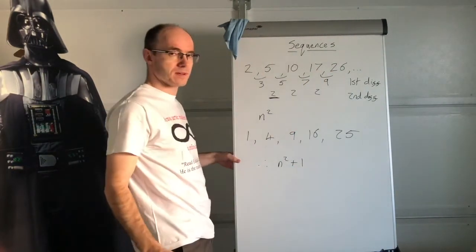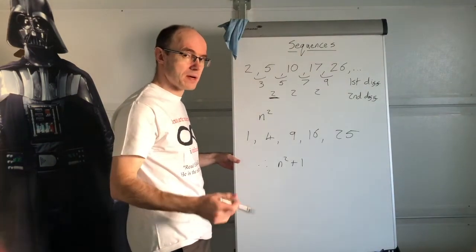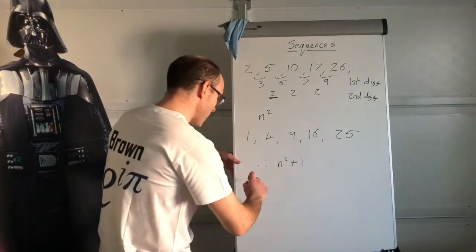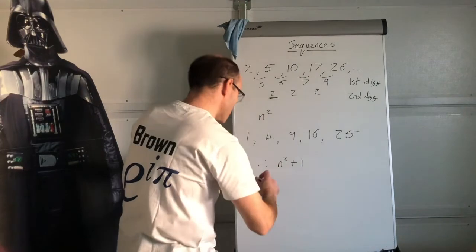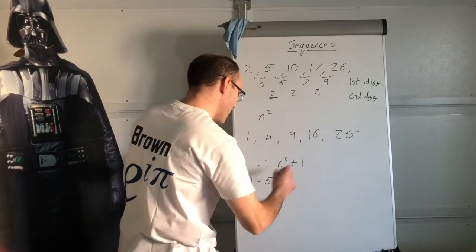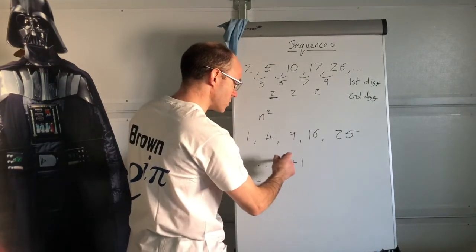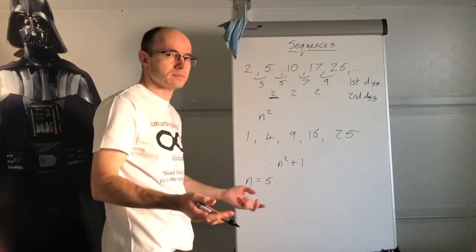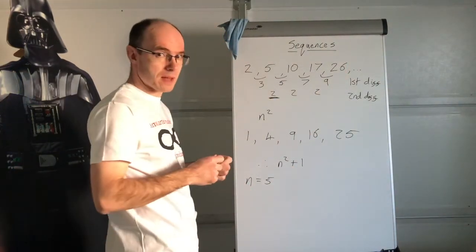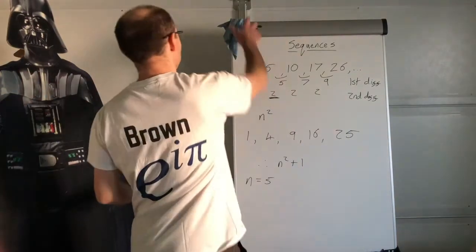You can always check that by substituting the value in. For example, to check the fifth term, substitute n equals 5 and you get 5 squared plus 1, 26, which is indeed that. Happy? Hope so. I'm going to do another one.